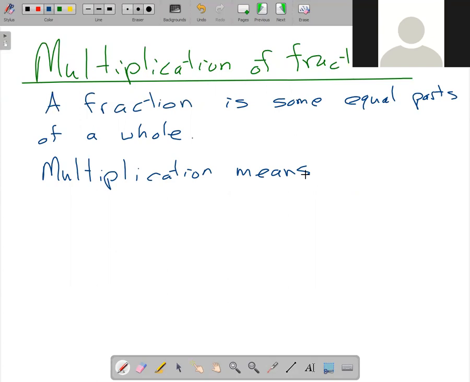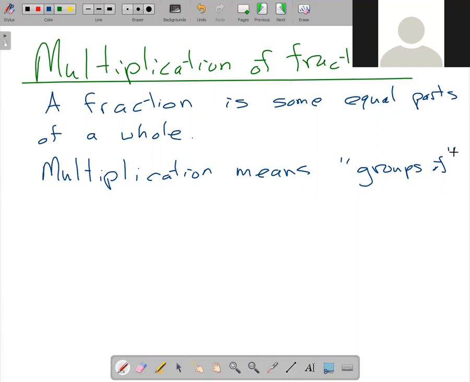Groups of sets. Groups of, yeah. So multiplication means groups of. That's one example. So I'm going to try that with fractions and see if I can do that.